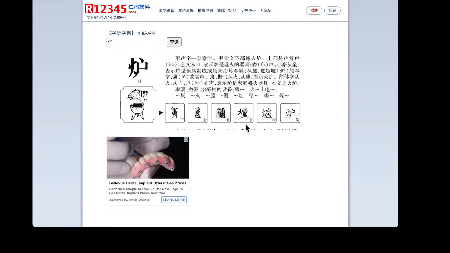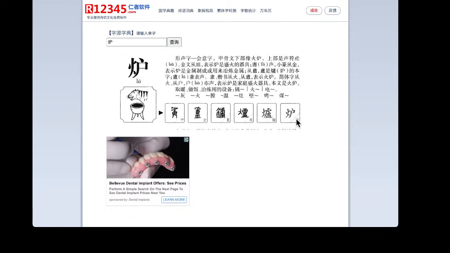Later on, they used a fire radical on the left to mean a device to keep fires, and that's the one that has been kept until now. Now the current simplified one, they changed the right side character.